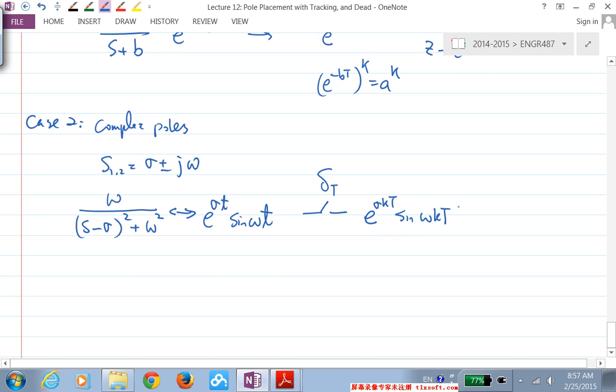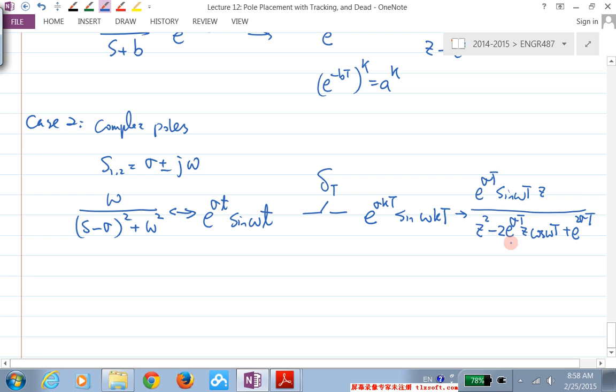The Z transform gives you this quantity: e to the power sigma T times sine omega T times z, over z squared minus 2 e to the sigma T z cosine omega T plus e to the power of 2 sigma T. You end up with this Z transform.